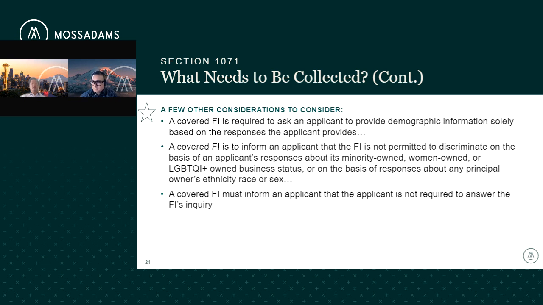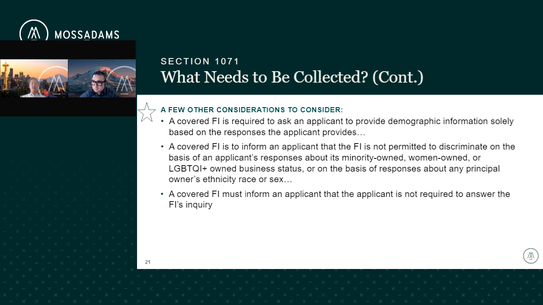A few other considerations. A covered financial institution is required to ask an applicant to provide this demographic information and to report the demographic information solely based on the responses that the applicant provides.